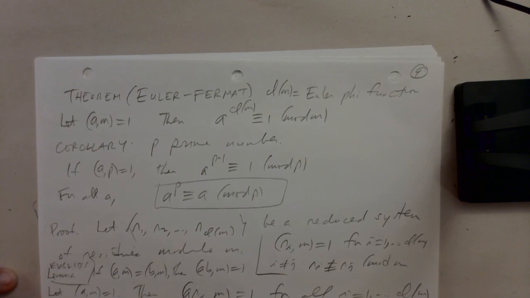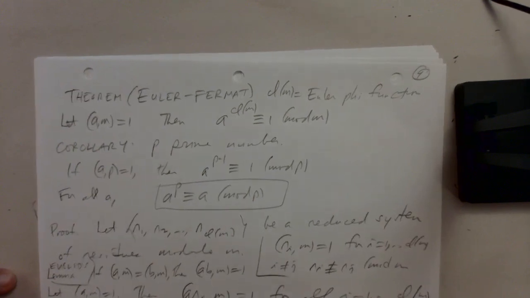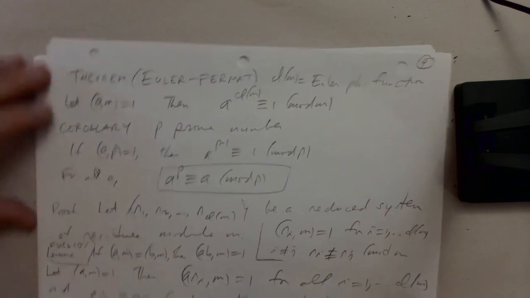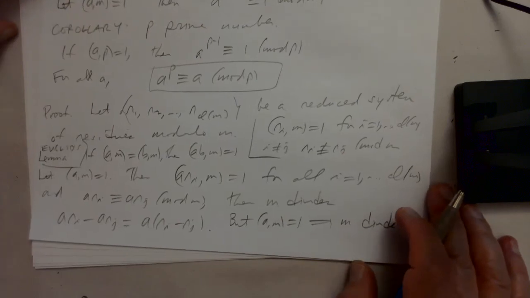But the fact that A and M are relatively prime implies then M divides, oops, should have moved this up.